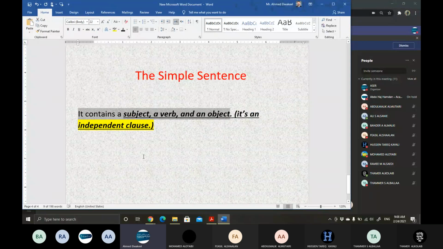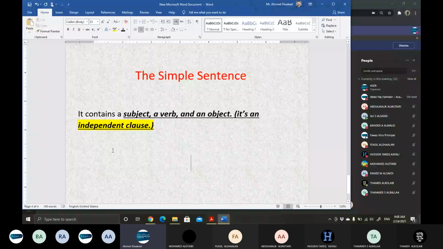The first one is called declarative. What is the meaning of declarative? To declare something, meaning to give someone information.